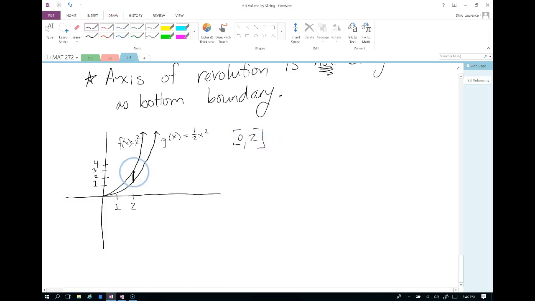So if you look at the region that's enclosed between f of x equals x squared and g of x equals 1/2 x squared on 0 to 2, we're going to revolve this about the x-axis.